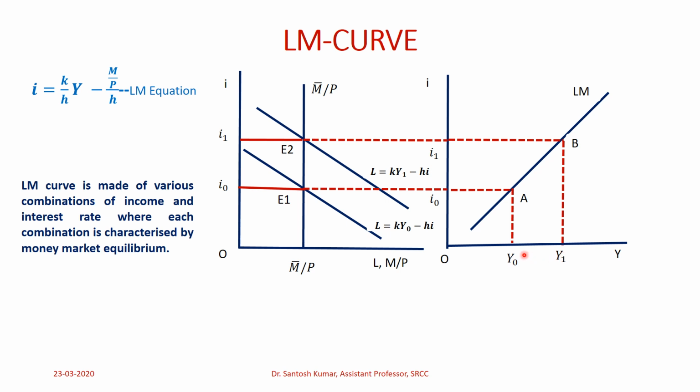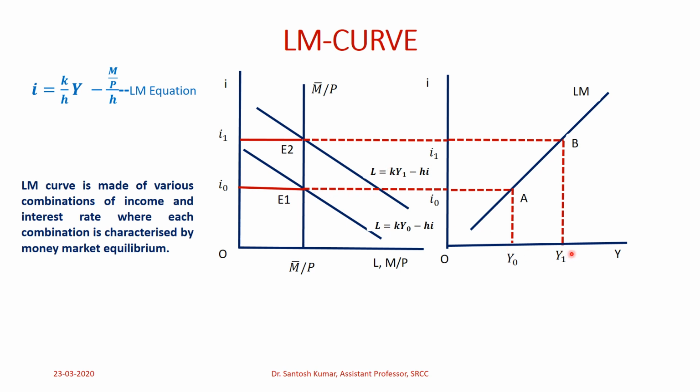Now once income has gone up, what would happen? If the interest rate was I naught, at this interest rate, once income rises, this would immediately lead to a rise in money demand. And how much would money demand rise? The rise in money demand would be K, the parameter showing the relationship between money demand and income, times the rise in income.